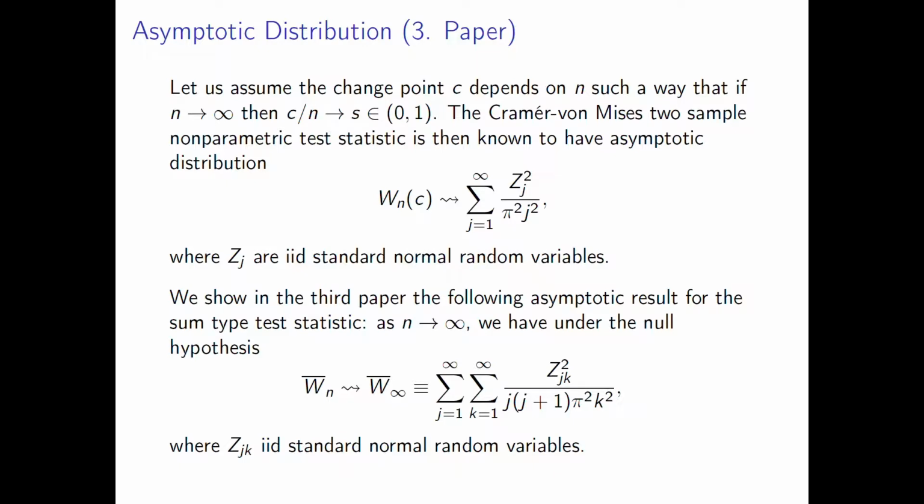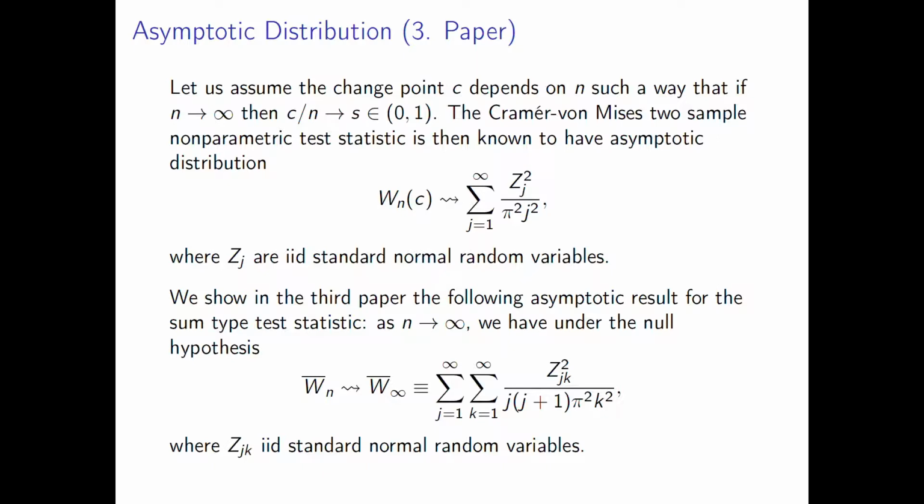We also looked at the asymptotic theory of one of the tests. We were able to find the asymptotic distribution for the summation type test. Let us assume the change point c depends on n in a way that if n goes to infinity, then c divided by n converges to s, which is between 0 and 1.